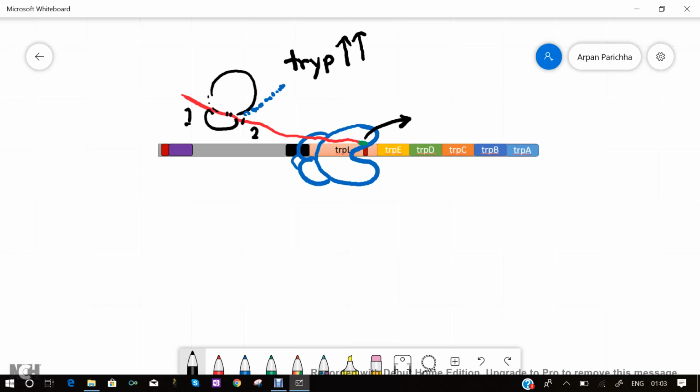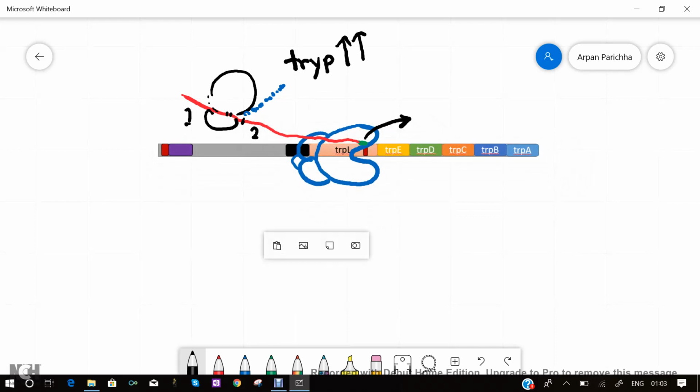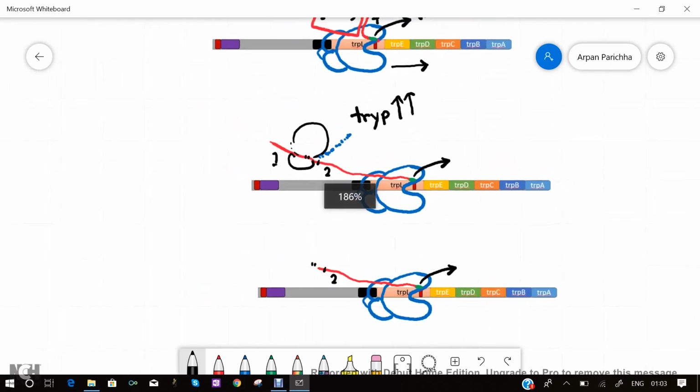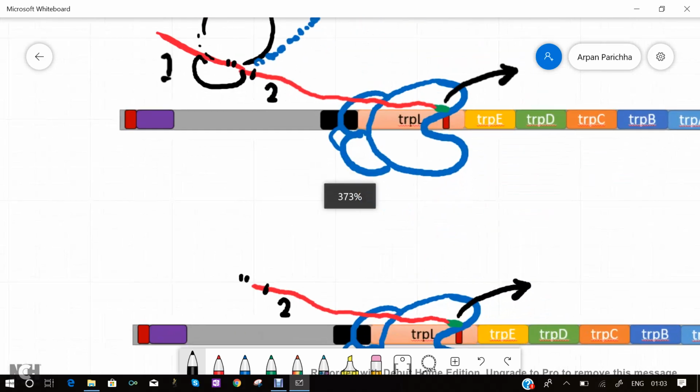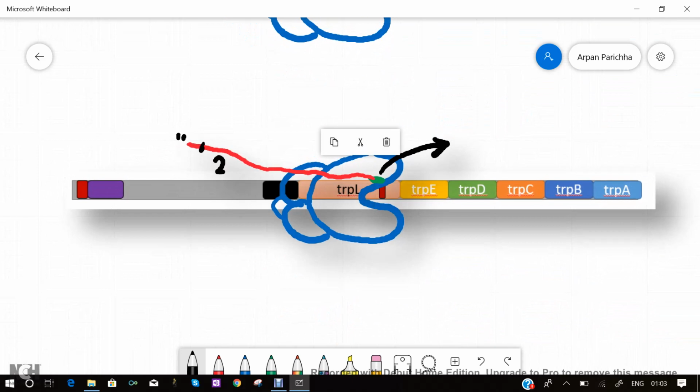But let's look at a situation when the level of tryptophan is low. Now, when the tryptophan level is low, one degree of regulation is the lack of repression of the operon via the repressor, and in low tryptophan condition the repressor is inactive, so there is nobody to repress the operon.